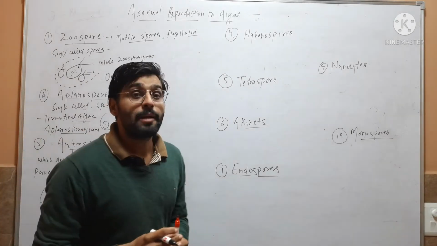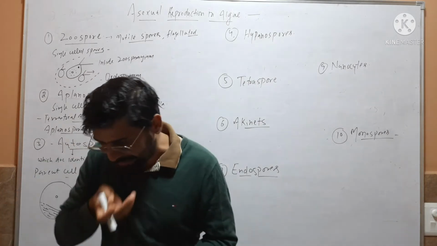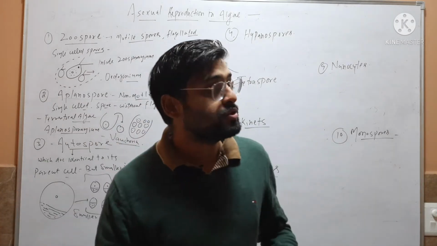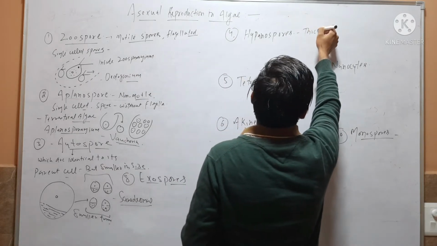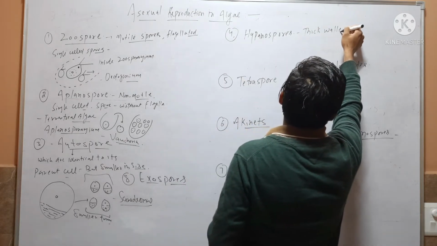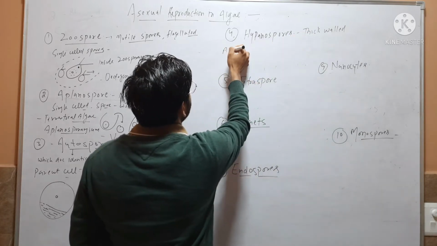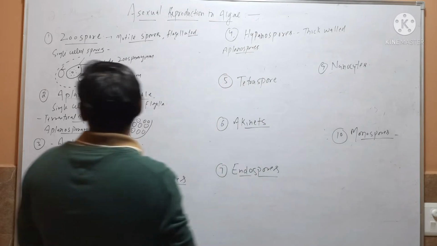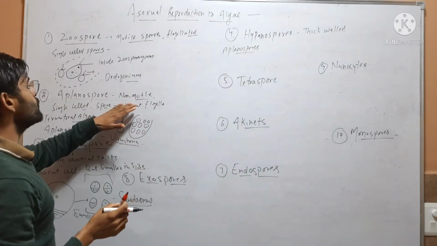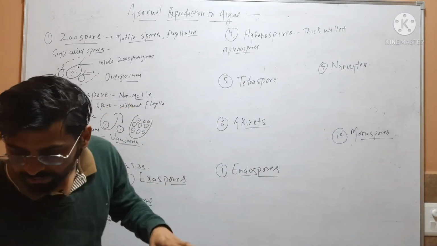Next are hypnospores. So hypnospores are thick-walled aplanospores. What are aplanospores? Non-motile spores without flagella.